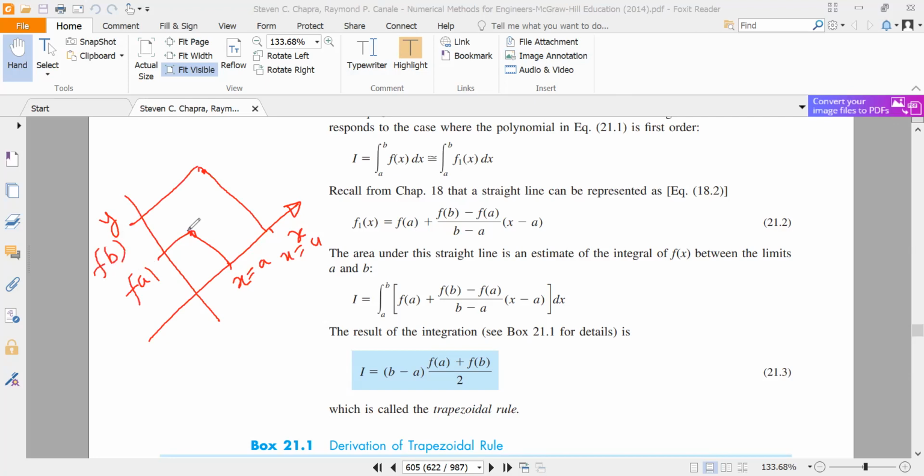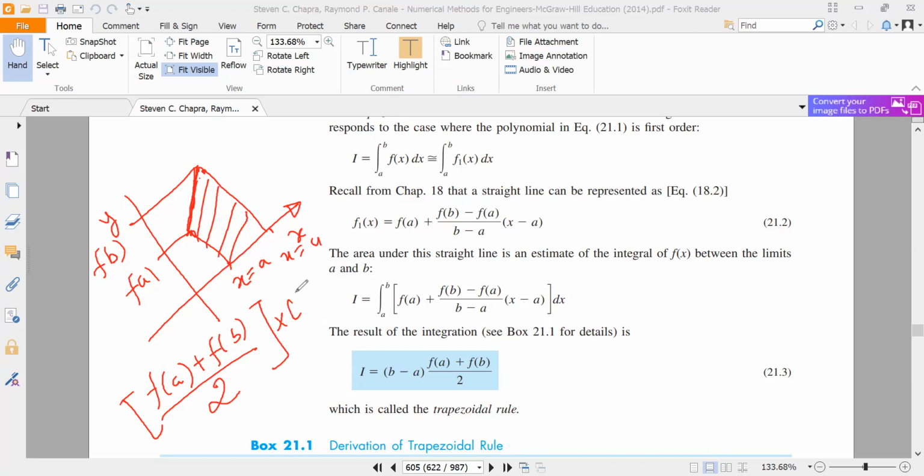We are assuming that in between them, your function is changing like this, but in reality, your function may change in a different way. But for this region, this area is simply equal to your averaged ordinate, multiplied by the width B minus A. This will be the area.